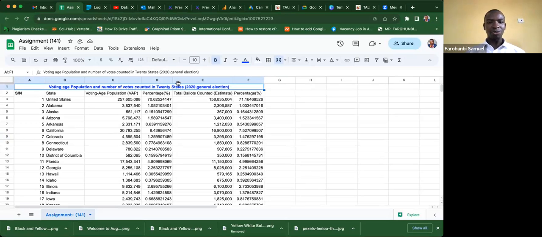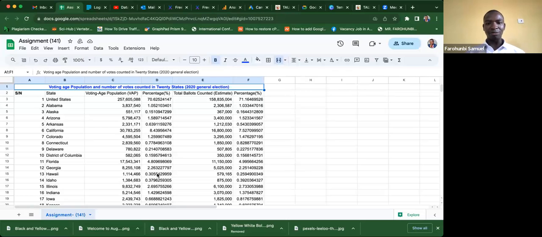Let me tell us some of the flaws here. Number one, the title looks very wordy. If you are saying voting population in United States, yes, that is fine. You may not need to say 20 states because at a glance, you are able to see that this is 20 states. And then you see the percentage of the state.